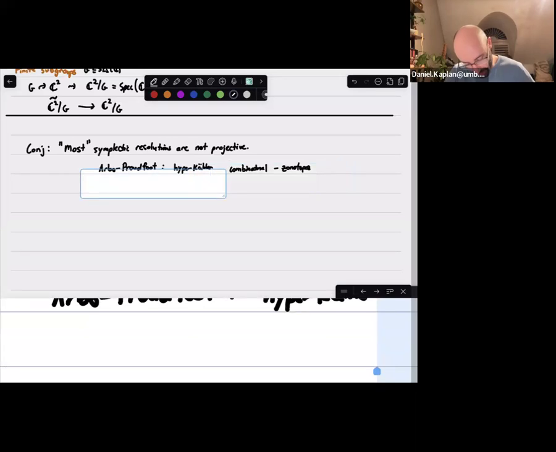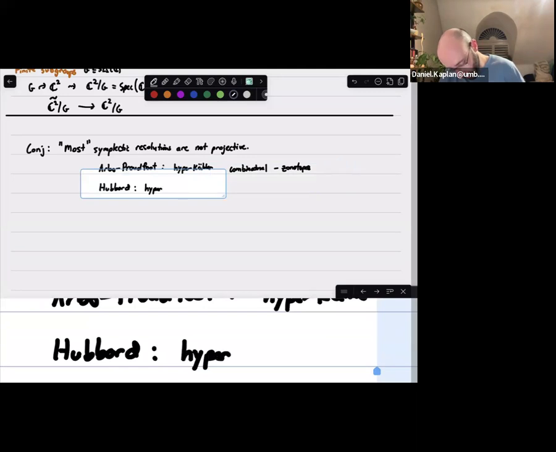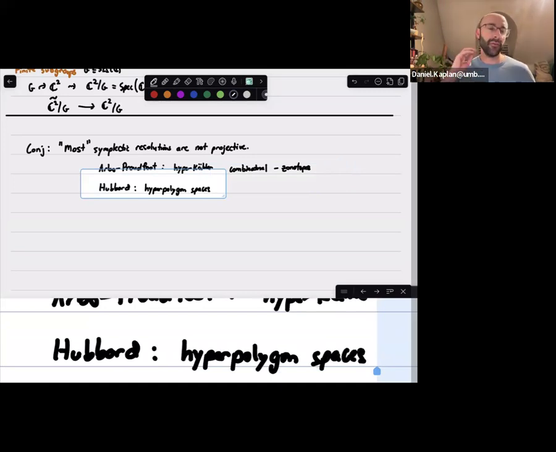So Alistair Craw has a student, Austin Hubbard, and he was looking at hyperpolygon spaces. In each of these two versions, they have examples that can be phrased as quiver varieties.